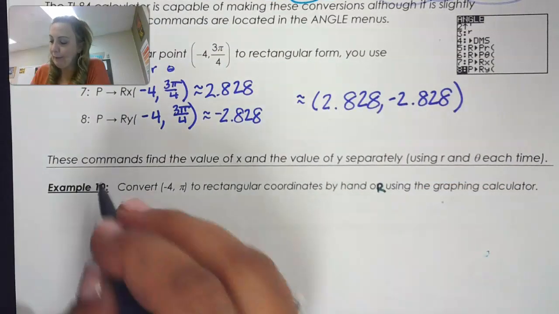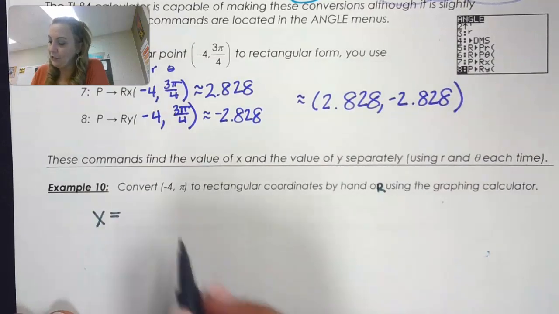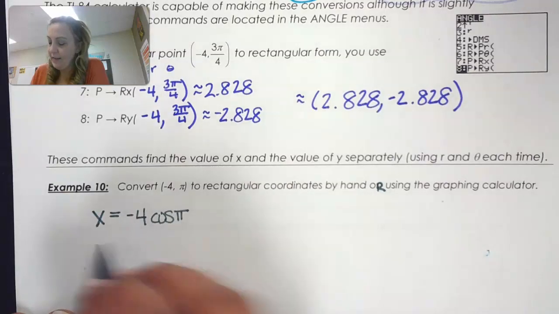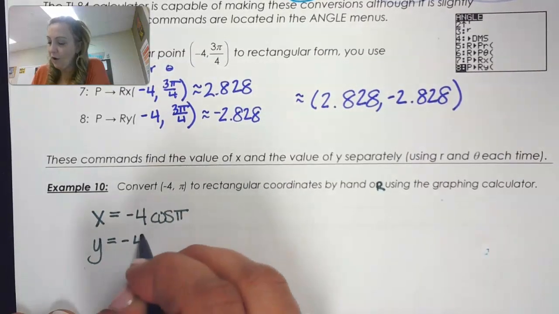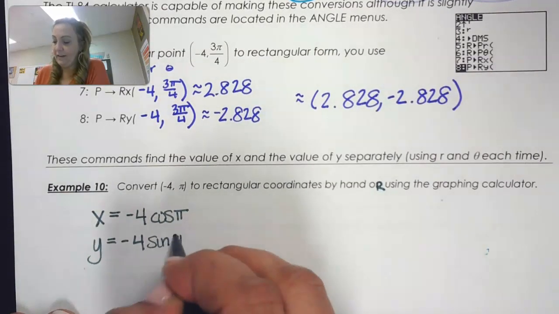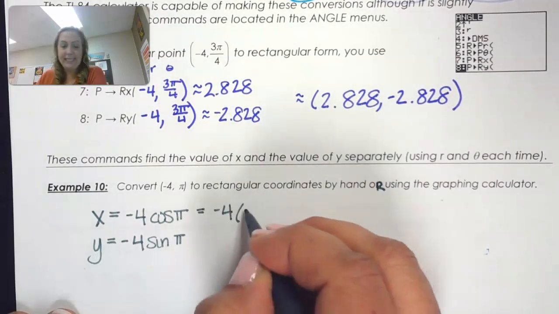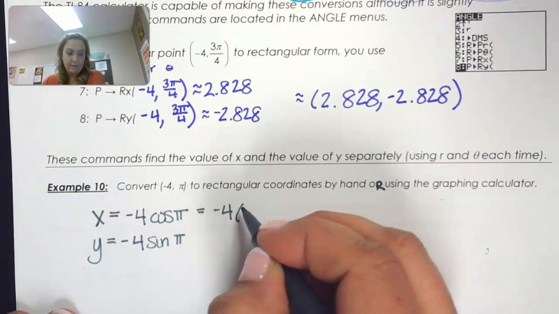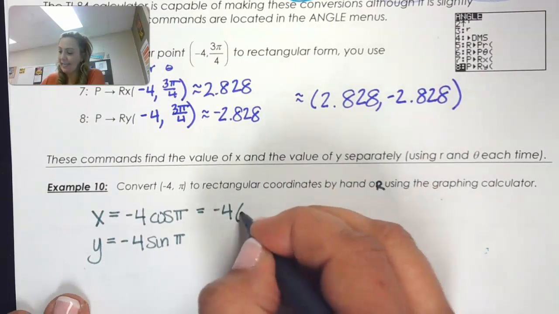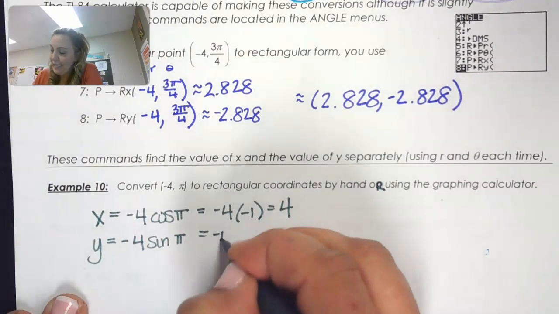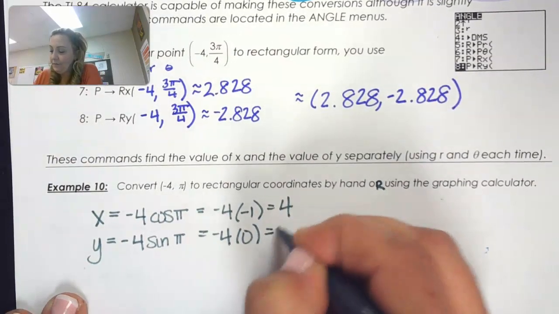So if I were to do by hand, I'm just going to use r cosine theta, and then for y, r sine of theta. And so I know that the cosine of π is -1. And I know that the sine of π is 0.